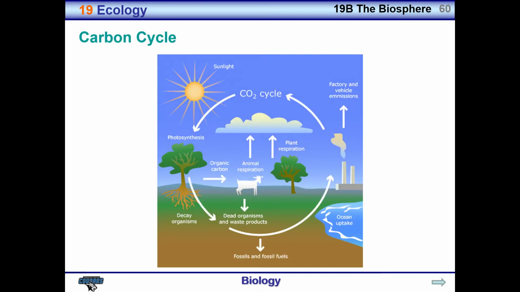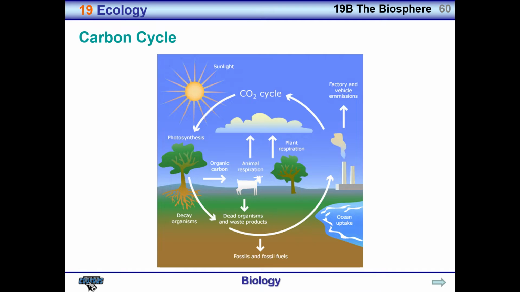So here is the summary of the carbon cycle. You can see in the very center we have animals respiring, that could include us. Plants carry on respiration. When animals decay, it produces carbon dioxide.